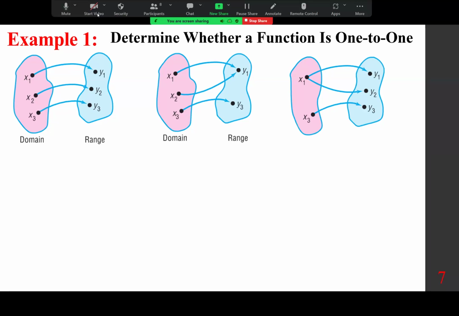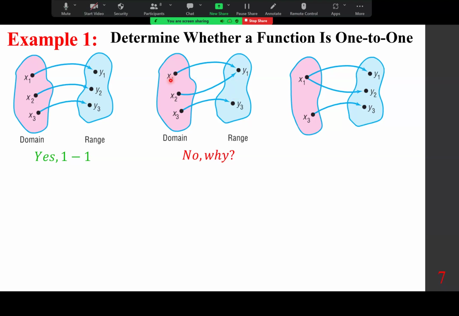Let's look at a simple example. Determine whether a function is one-to-one. If you look at this one, it represents a one-to-one function because for every element in the domain, there is precisely one element in the range. For this one, the answer is no. Why is that?